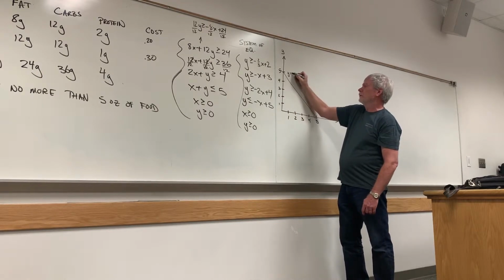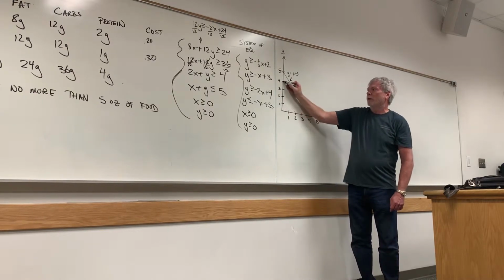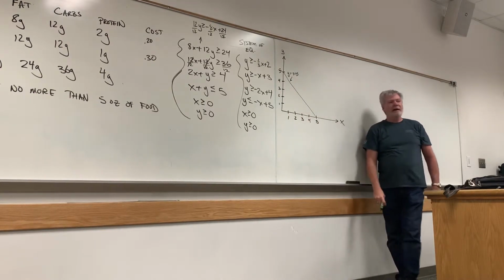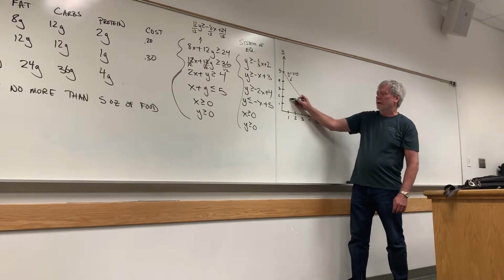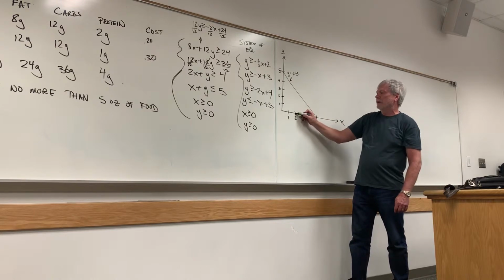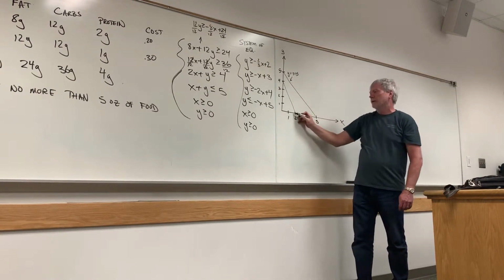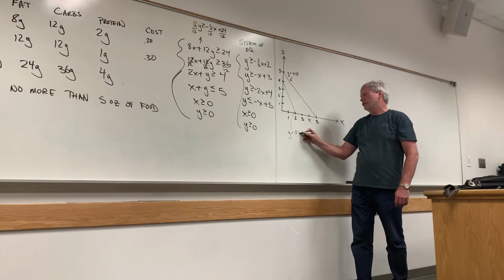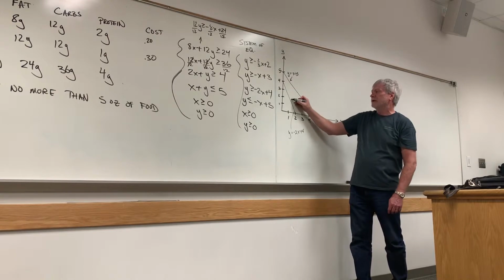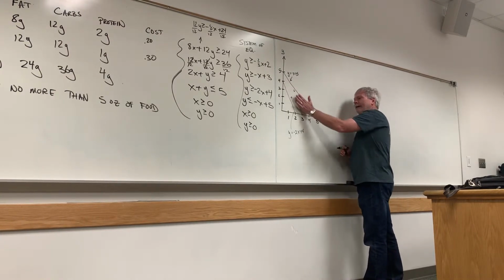Y equals minus x plus 5. Graphing this, 4. That has a slope of negative 2. I can go down 2 over 1, down 2 over 1. It will go from here to here. That is y equals minus 2x plus 4. It's above. This is below. I'm using this region right here.